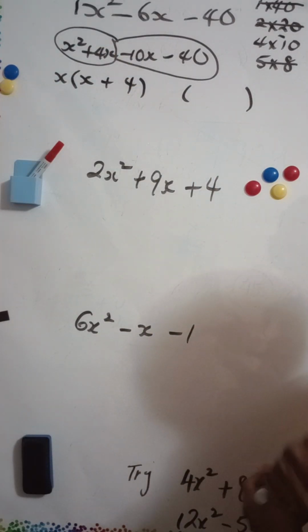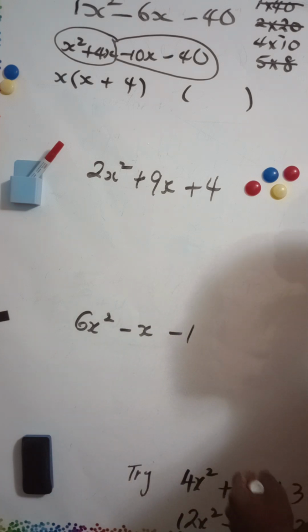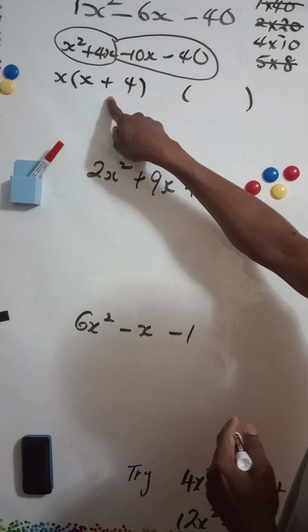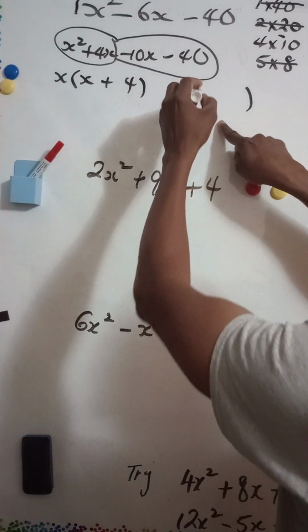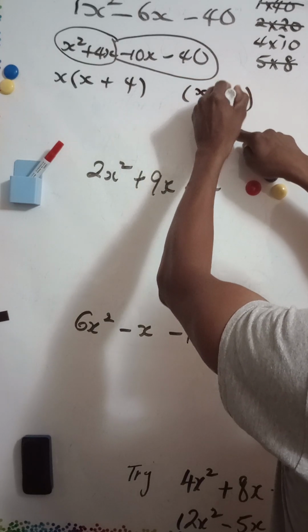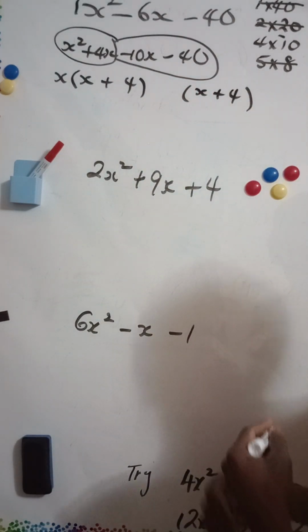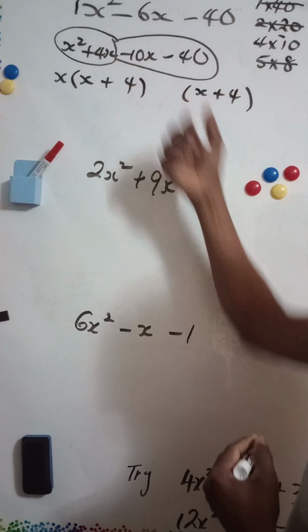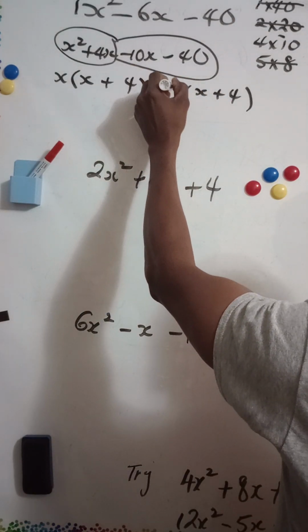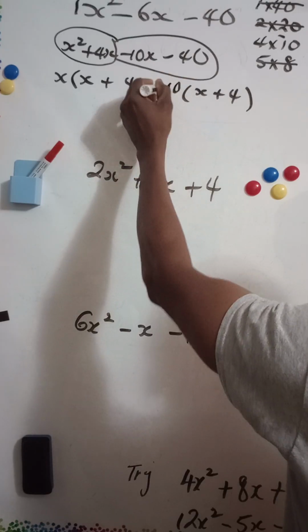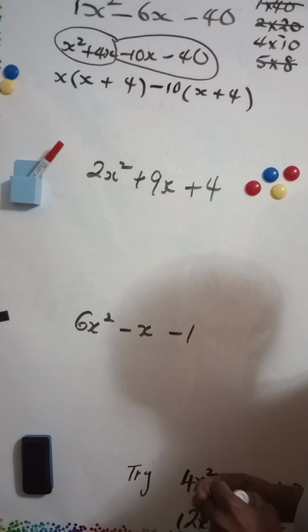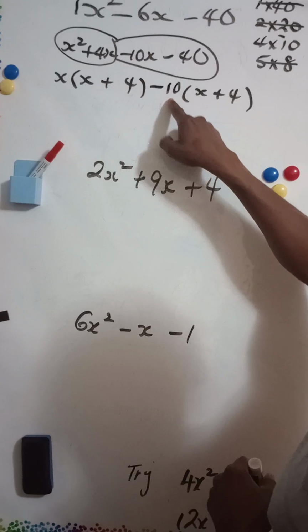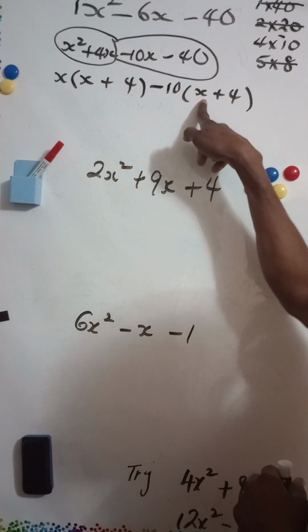From there, in a system like this, what's in the first parentheses goes into the second parentheses. And from there, you're going to see what times that's in the second parentheses gives us a second pair. And if you look carefully, it is negative 10, because negative 10 can go into negative 10x and give us x.